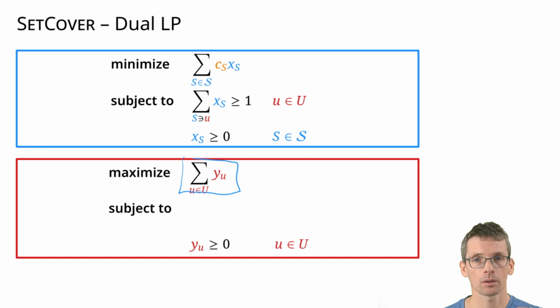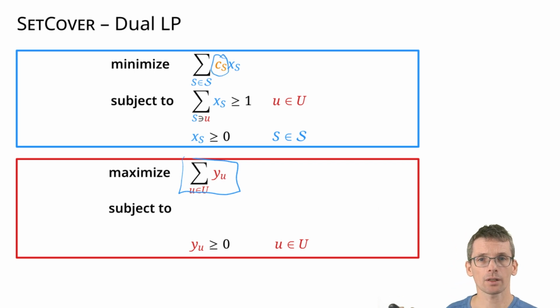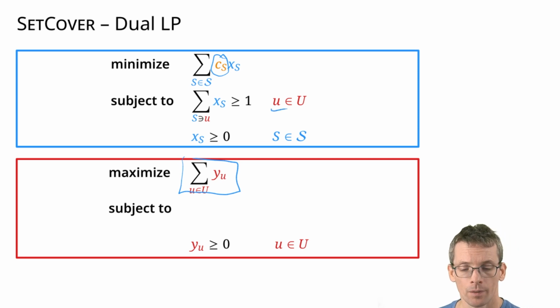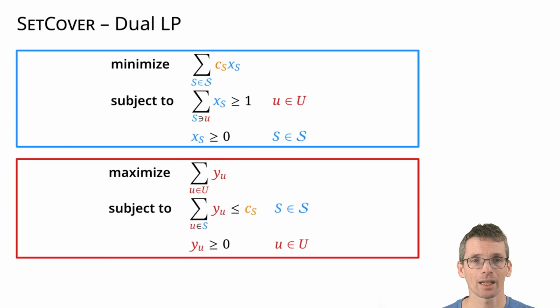In our dual constraints, on the right-hand side we get these costs, and on the left-hand side we simply transpose A. Previously, for every element we looked at the sets that contain it, so we had an adjacency matrix there, and this one we now transpose. So instead we get, for all the sets, all the elements that are contained in that set.